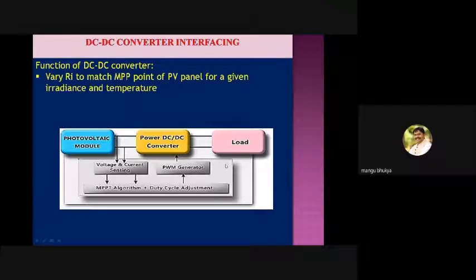Take the ultra capacitor. A battery has high energy density, while an ultra capacitor is instantaneous. We cannot store much energy in the capacitor, but compared to the battery it acts very fast.